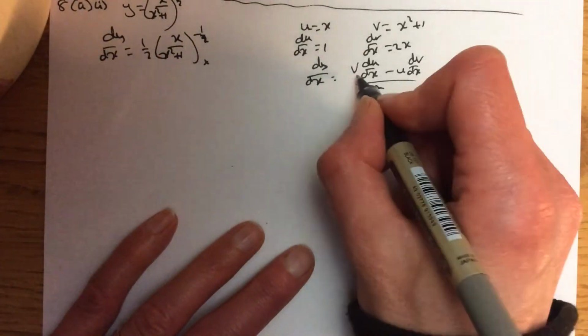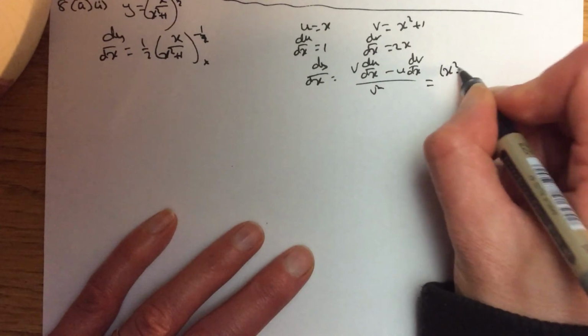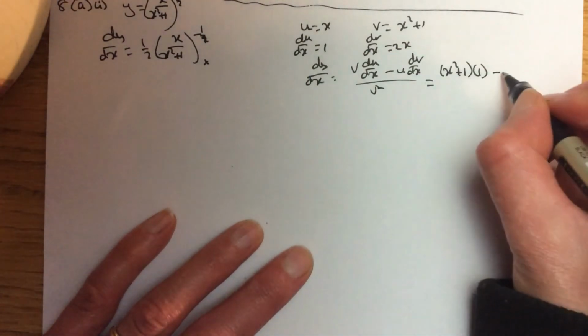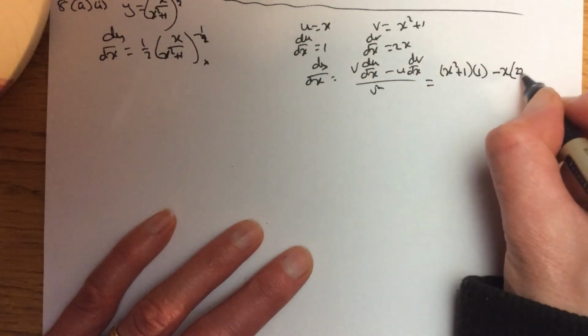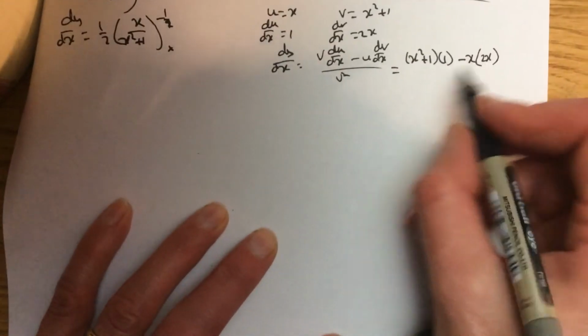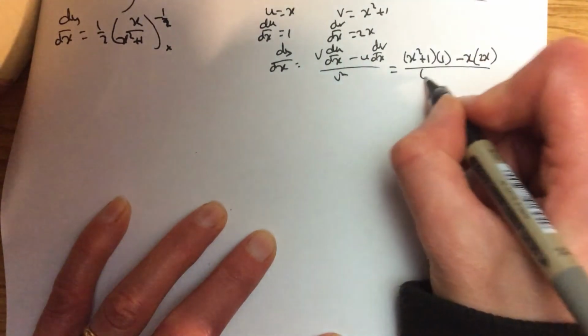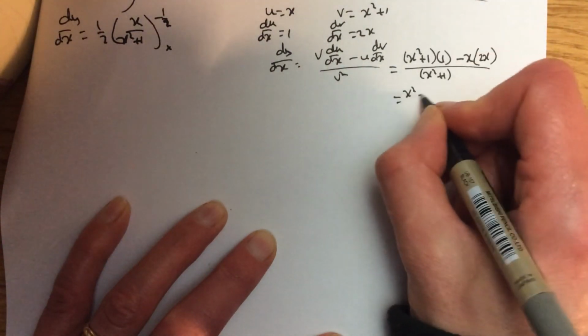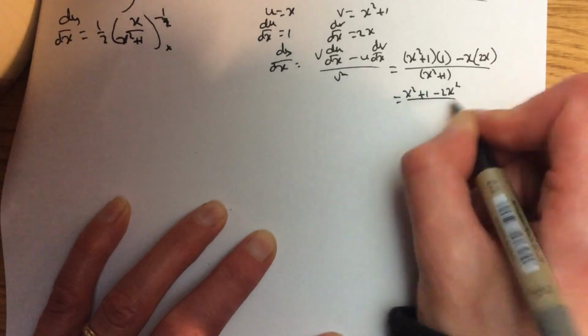So working that out, v is x squared add 1, du by dx is just 1, minus u, which is x, and dv by dx is 2x, all over v squared, (x squared add 1) squared. And that tidies up to x squared add 1 minus 2x squared.